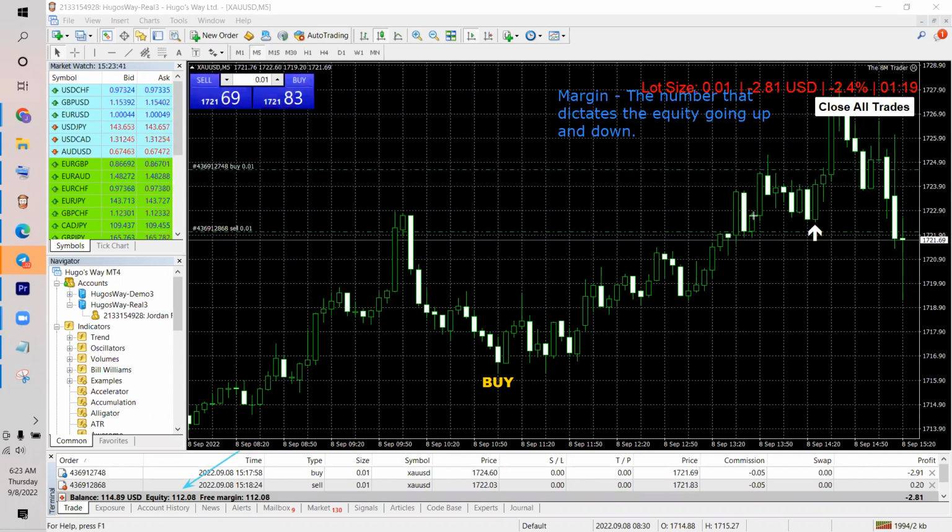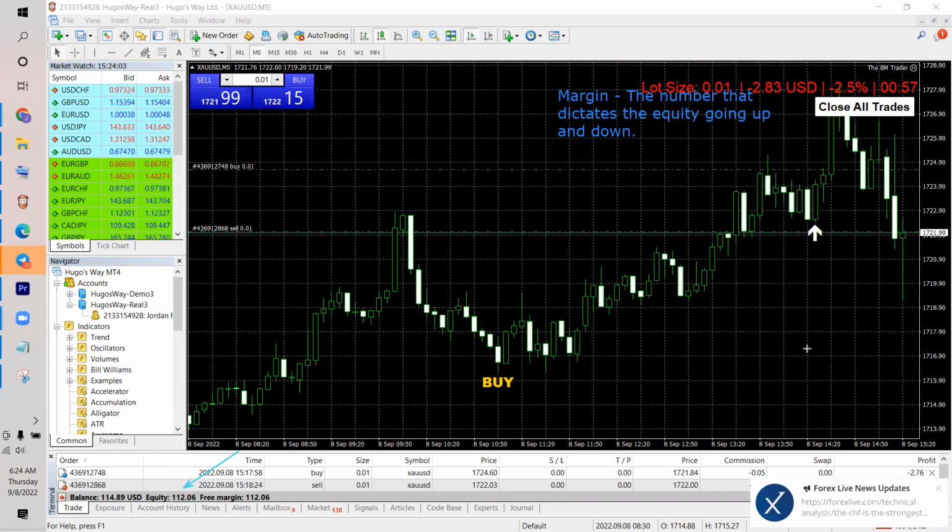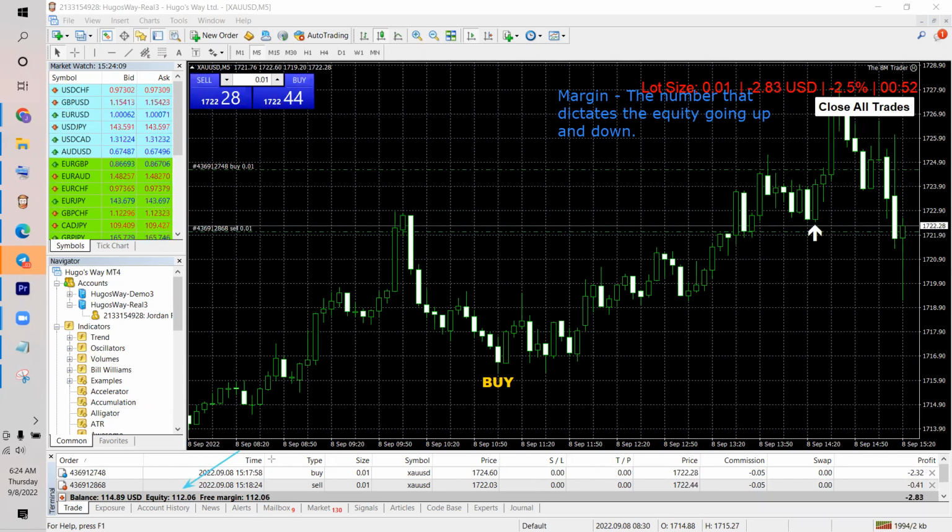If we were in a trade that dictated that we would increase our equity, relying on price to go in a certain direction, well, of course, buy means price would go up, sell, price would need to go down. And we were dictating that to make sure our equity was going up, or in the case of drawdown going down, that would be margin working for us. We would see a margin icon appearing.